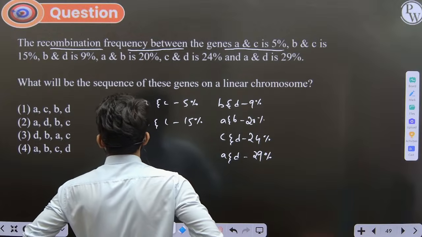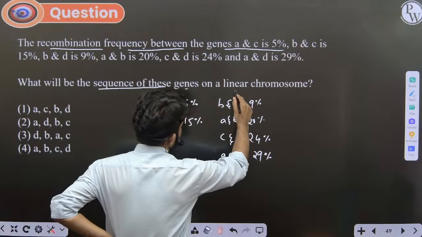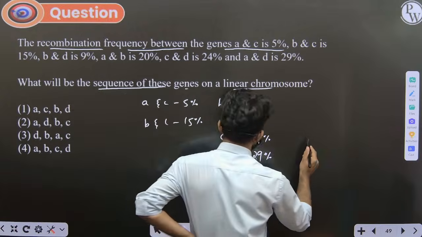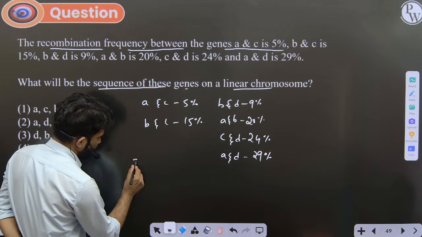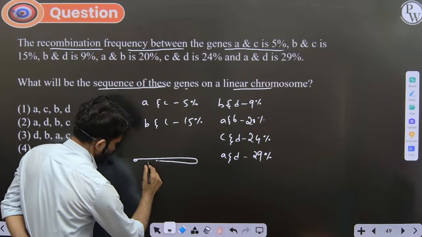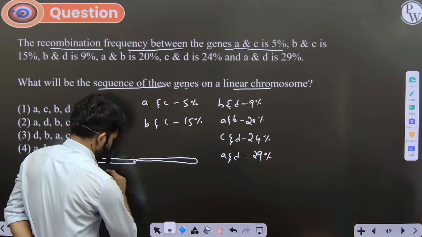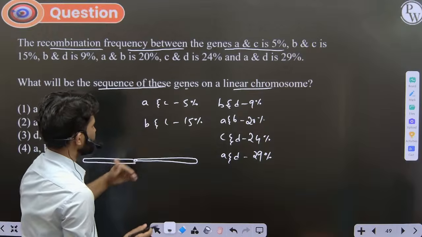What you have to identify is the sequence of these genes in a linear chromosome. How many genes are there?